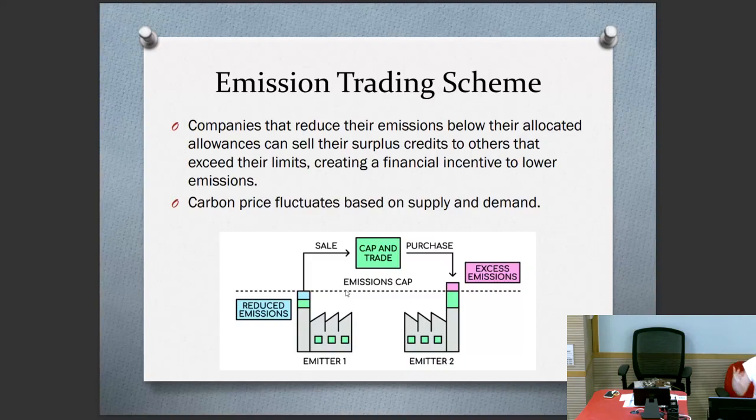And when the price of every credit is more expensive, the organization may invest in clean technology or other renewable energy, because they don't want to pay so much for buying the credits. Instead, they may invest in renewable energy or clean technology. That's the theory.